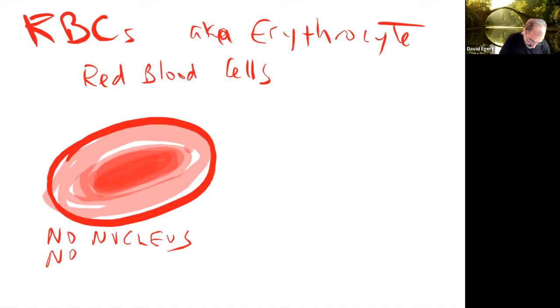There are no mitochondria. It's fine because whatever minimal metabolic processes they have going on, they can do with glycolysis. But without a nucleus, they can't repair or maintain themselves, because that's the blueprint for making new parts and pieces.